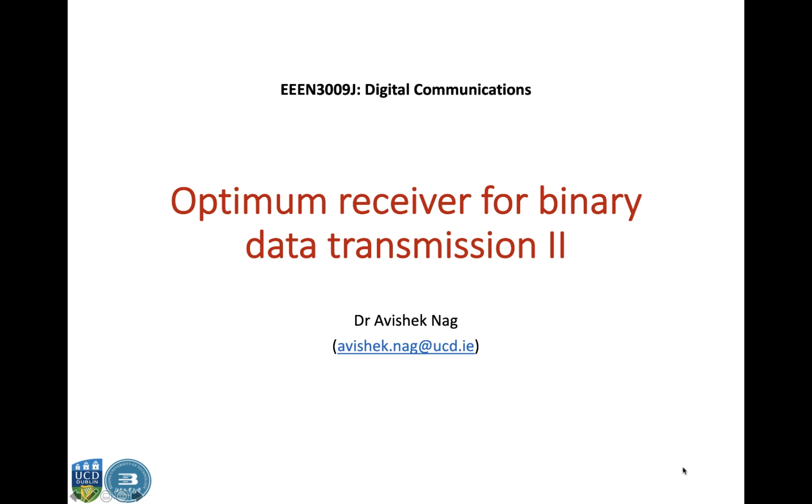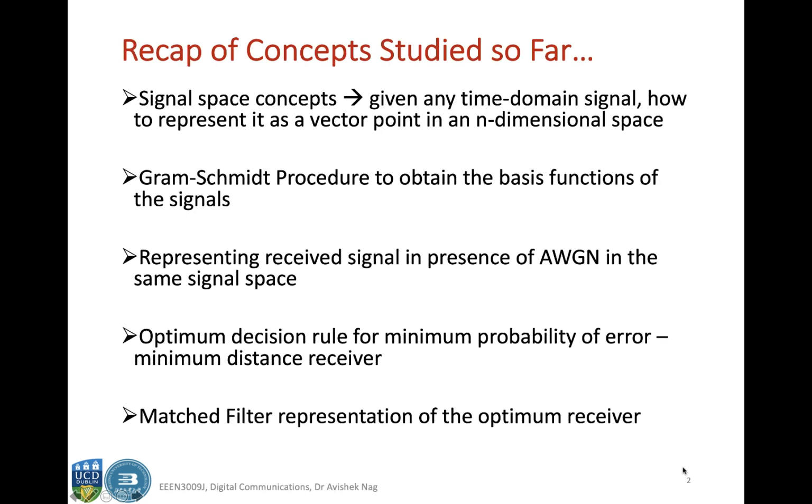So far we have been covering a lot of concepts. So let me recap whatever we have covered so far. We have covered the signal space concepts. We learned that given any time domain signal, we know how to represent it as a vector point in an n-dimensional space.